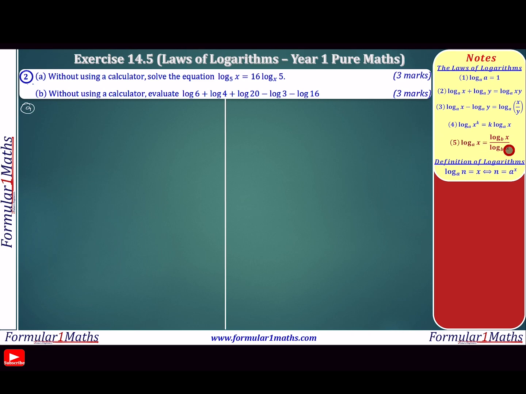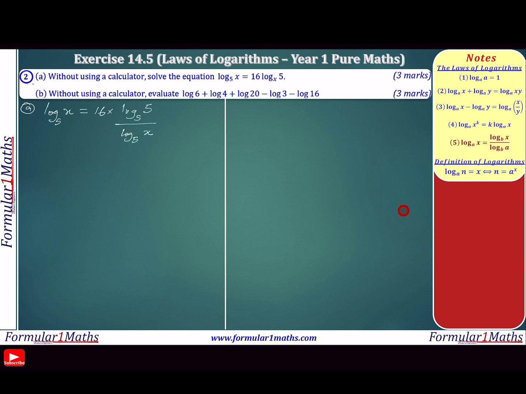the change of base rule. So if I do that, I'm going to get log to base 5 of x on the left-hand side, and the right-hand side becomes 16 times log to base 5 of 5 divided by log to base 5 of x.